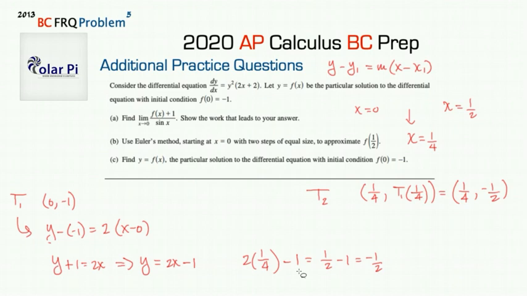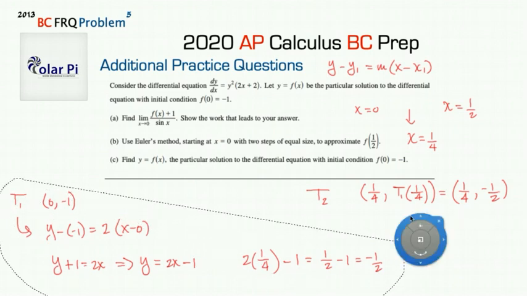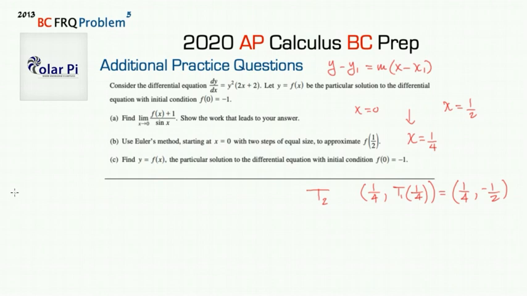All right, so then we've got our point, but then we need the slope for T2, right? And the slope for T2 is going to be dy/dx evaluated at this new point, and that's 1/4, comma, -1/2. And so what's that? That's going to be -1/2 squared, and then times 2 times 1/4 plus 2, right? Negative a half squared is 1/4.